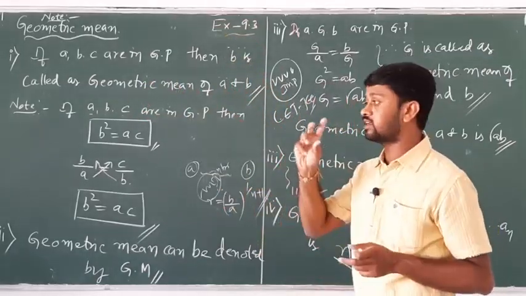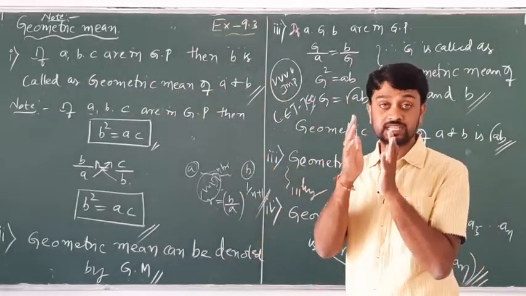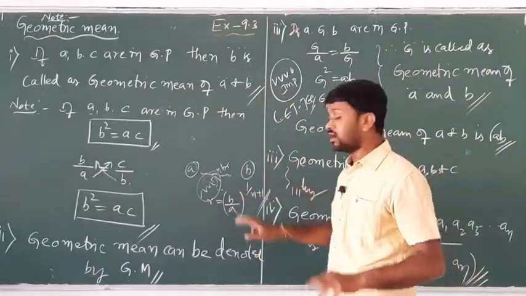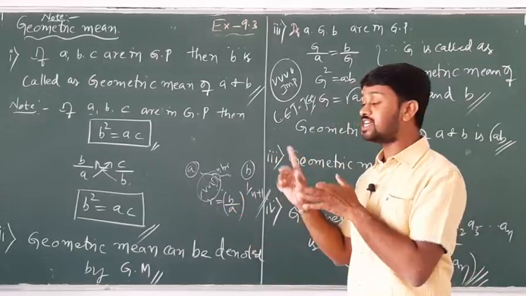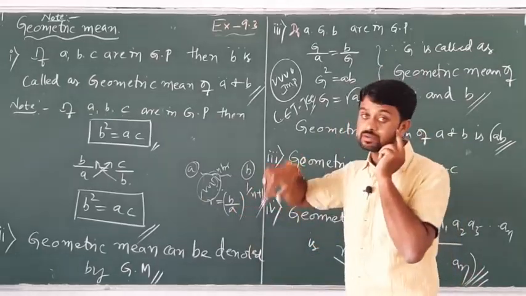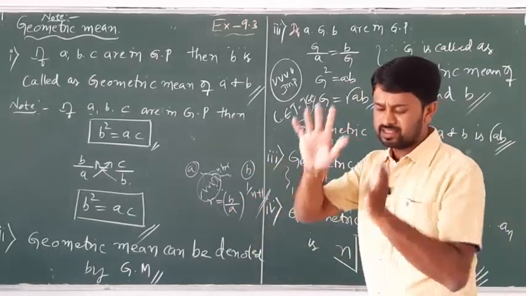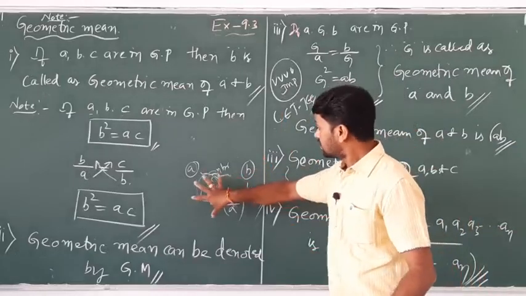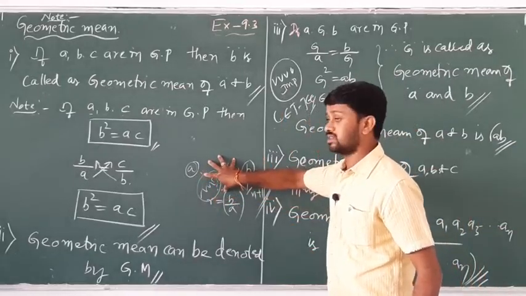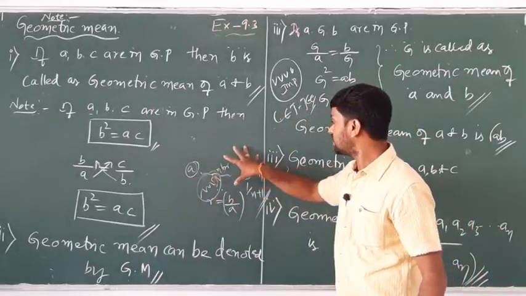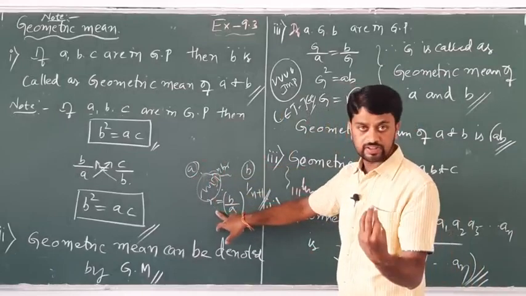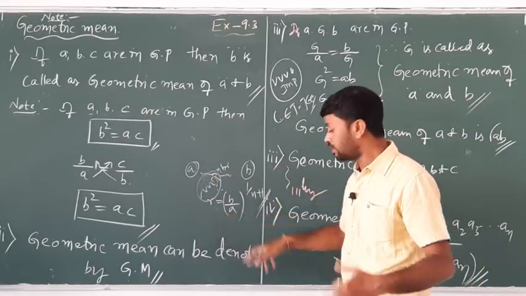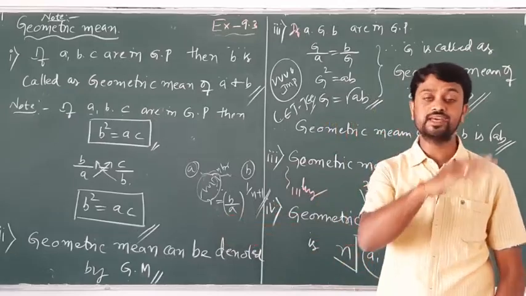A1, A2, A3 up to An are called arithmetic means of A and B, and the common difference is D equal to B minus A divided by n plus 1. Here is the same procedure for the geometric mean, where the common ratio is R equal to B by A whole power of 1 by n plus 1.